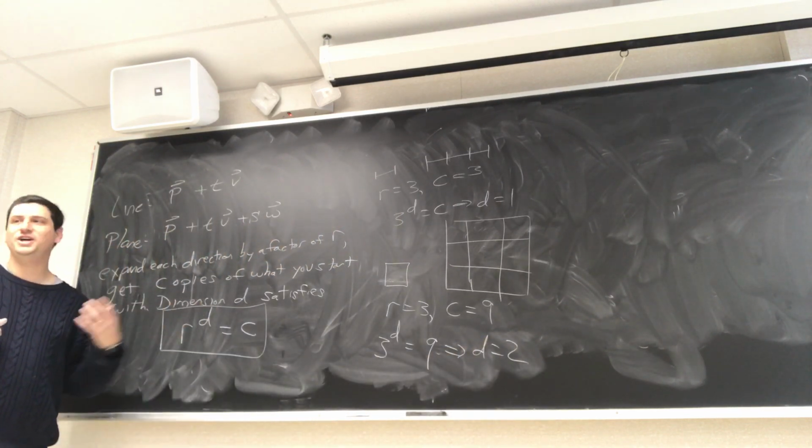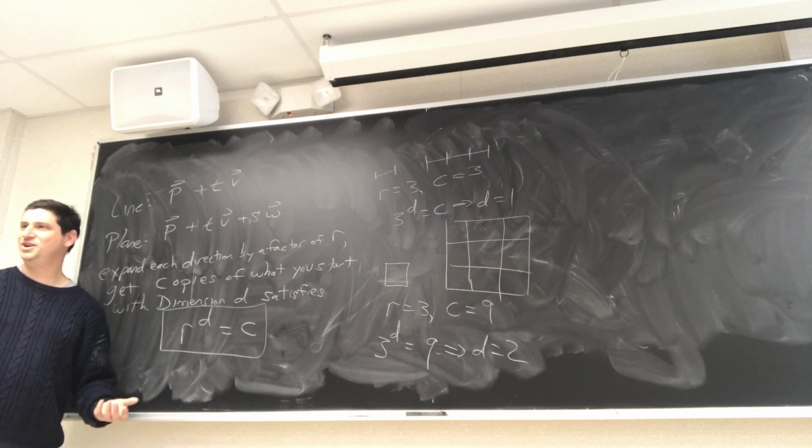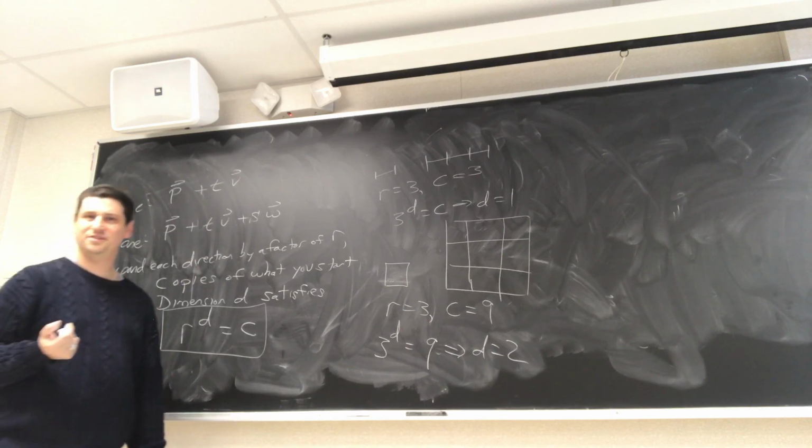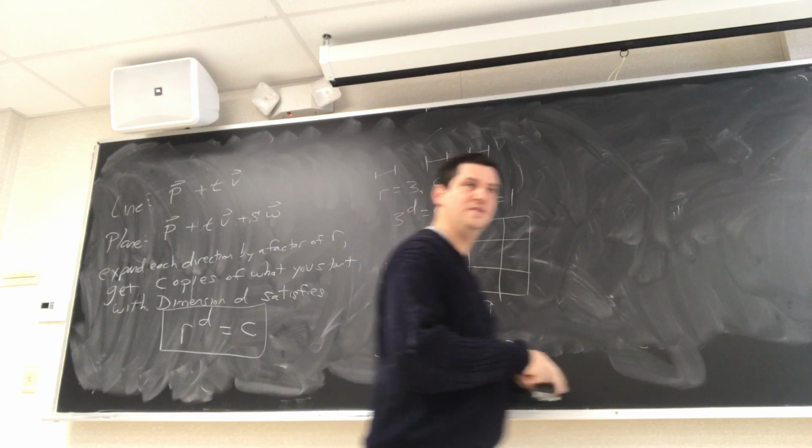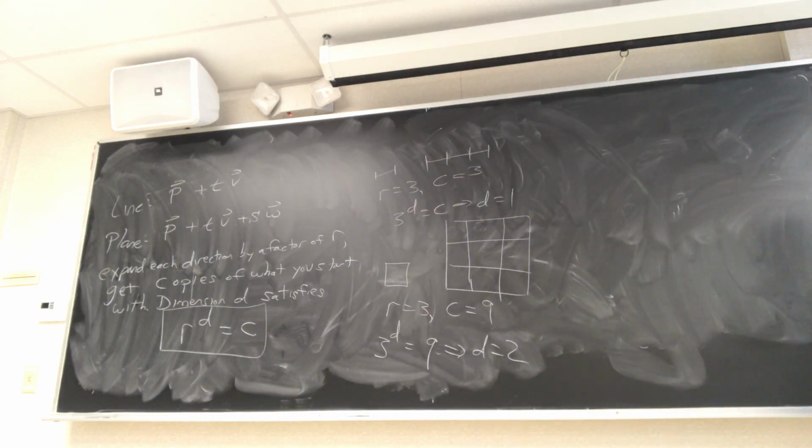I'm not going to draw a cube. If I were to draw a cube, what do you think you would get for the dimension? What would you get for the dimension of the cube? 81. Nope, I'm asking for the dimension. 3, right? You should get a cube as 3 dimensions.